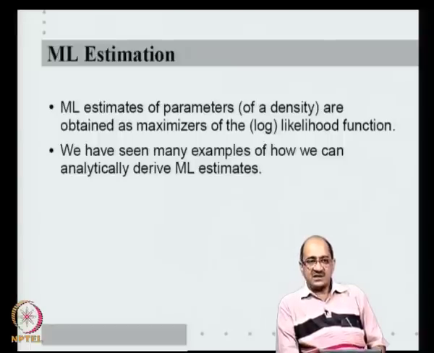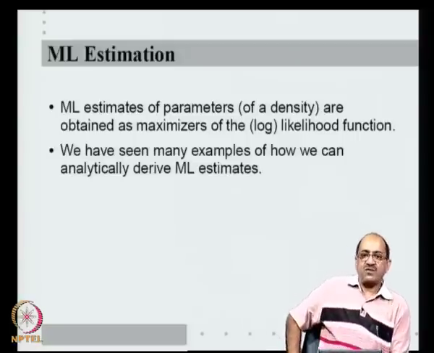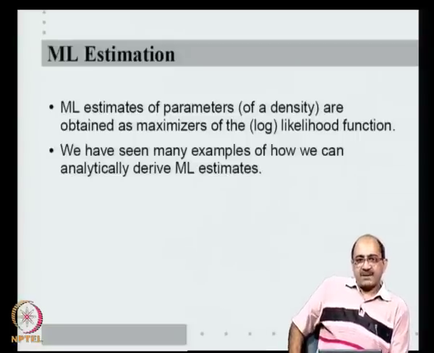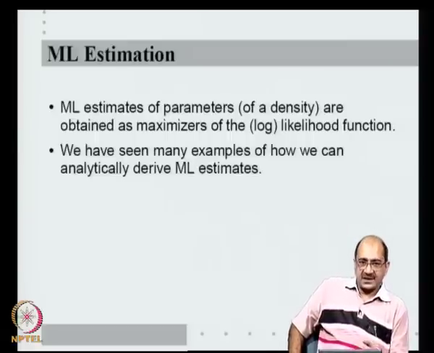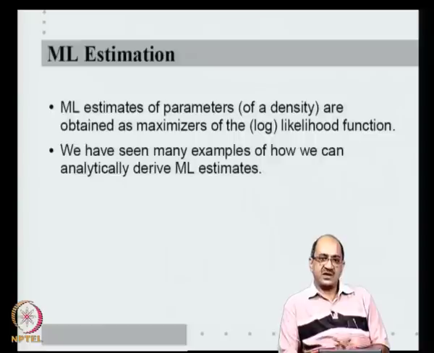What is also interesting is that the derived ML estimates are often intuitively very satisfying. Very often in any density model, the parameters are related to moments of the density. All moments are some expectations, and we know from the law of large numbers that sample means, understood in a generalized sense, are good approximations of expectations.